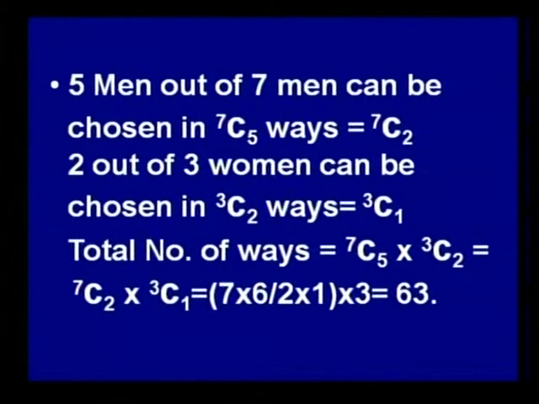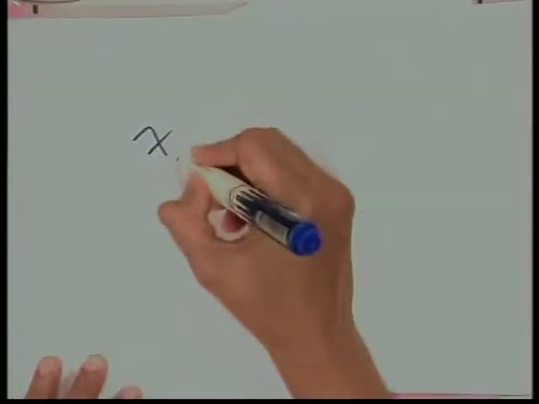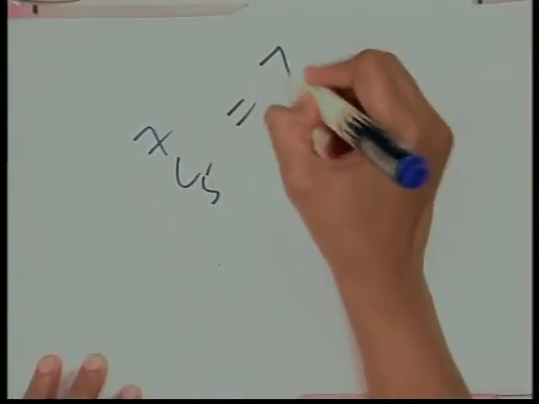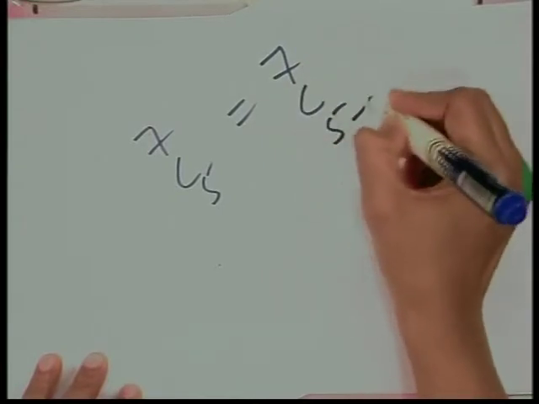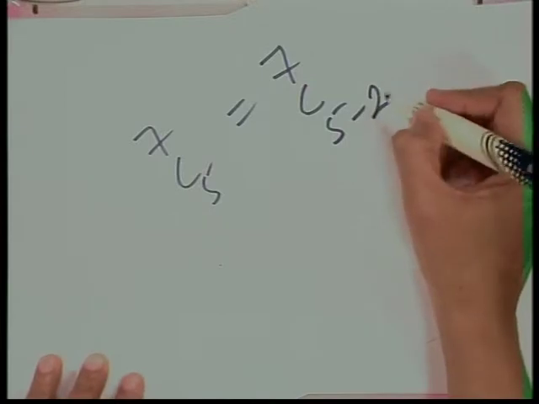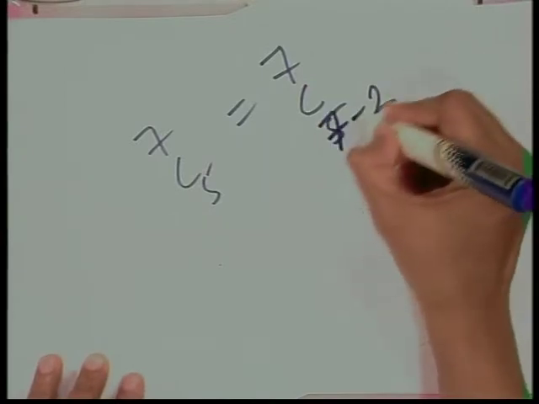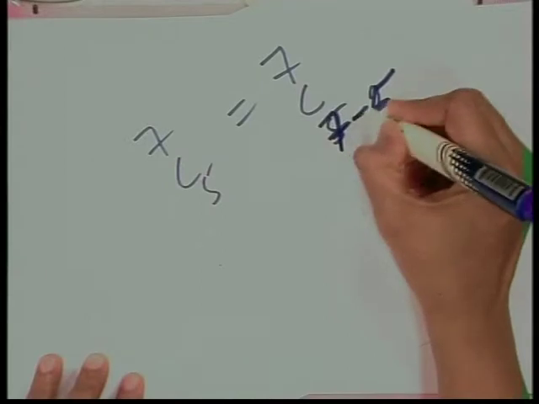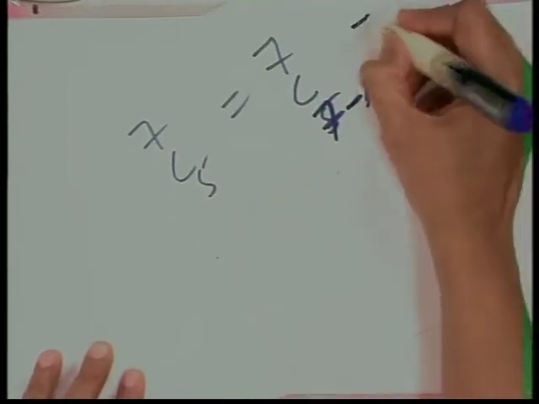7C5 is same as 7C2. I want you all to make a note of this formula. 7C5 is same as 7C(7 minus 5), అంటే this is same as 7C2.